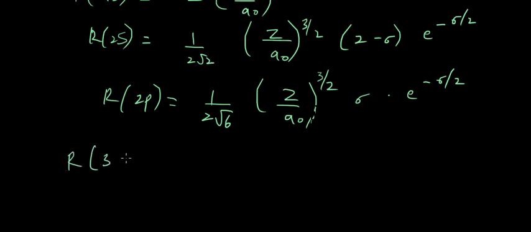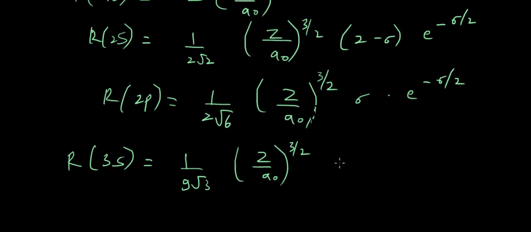Next we see R for 3s would be 1 upon 9 root 3, z upon a naught to the power 3 by 2, multiplied with 6 minus 6 sigma plus sigma square, multiplied with e to the power minus sigma by 2.